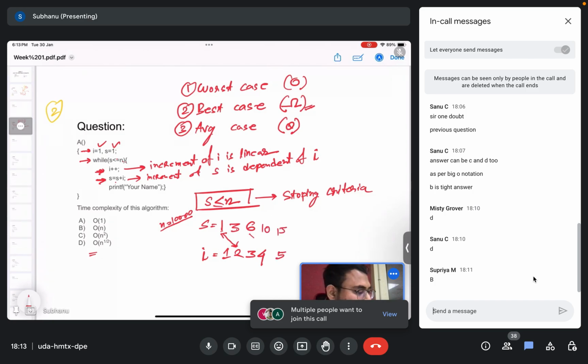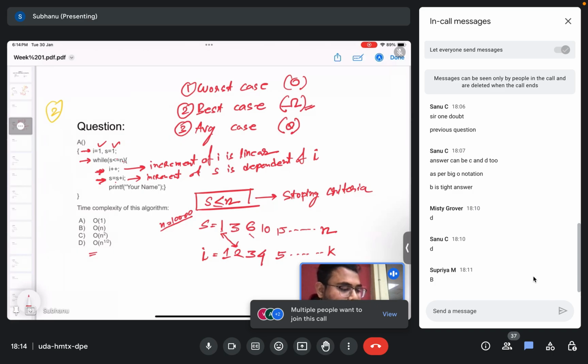So maybe this i is going up to k. Then up to which number will it grow? It will stop only when s becomes greater than n.